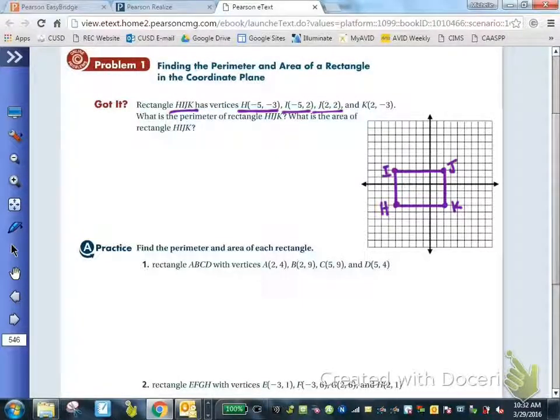Okay. Now I recognize that you can just count, however, I do want you to show some work. So we are going to find the side lengths of each of these. Let's do the side length of HK. So off to the side, we're just going to find the length of HK first.